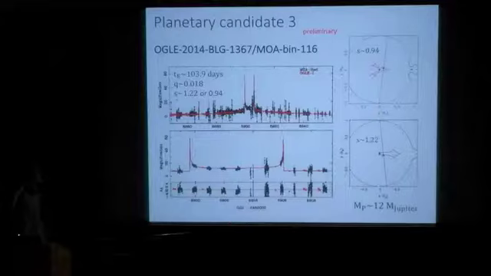We didn't measure a clear finite source effect, but there is a good chance to get the parallax effect because the time scale of this event is very long. And the Bayesian analysis indicates that this is a very massive planet, around 12 Jupiter masses.